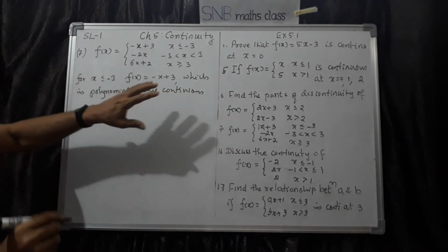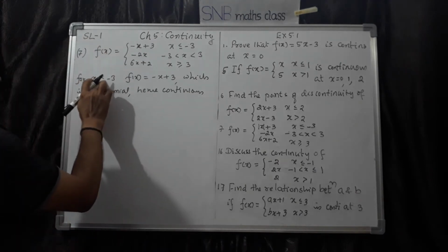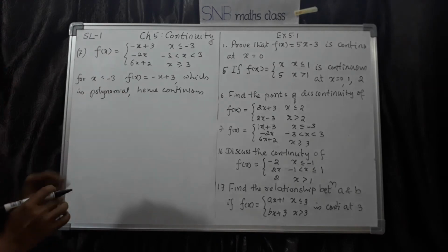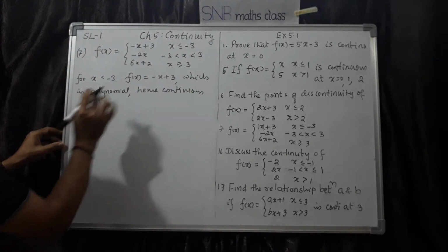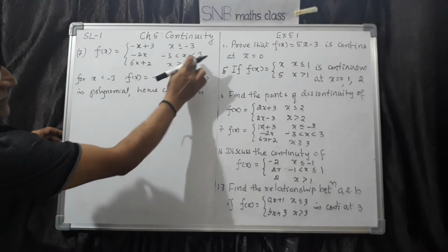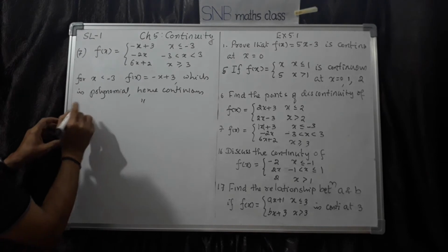So in this interval it is continuous, strictly less than minus 3. And same thing you can write, between minus 3 and plus 3 it is minus 2x, a polynomial. So I will not write it all out here, just write like this.